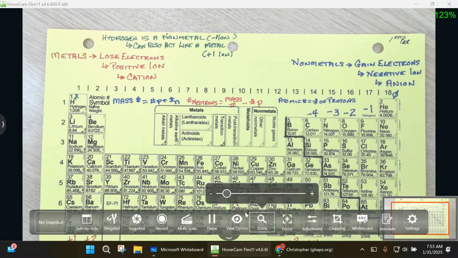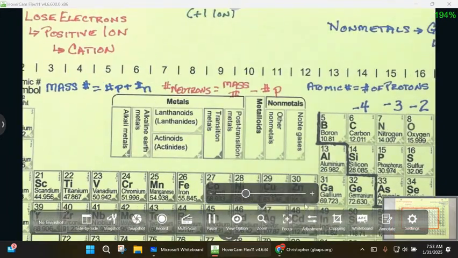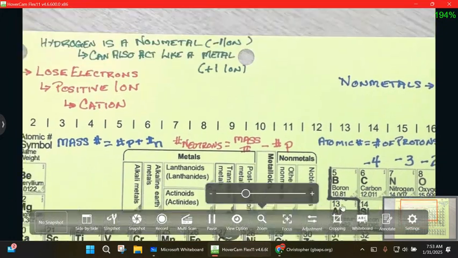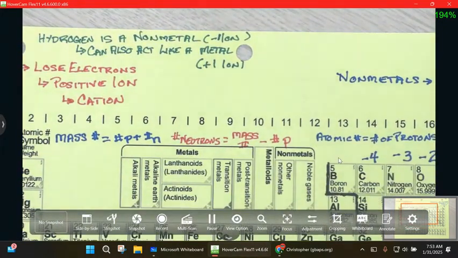So hydrogen is a very unique element on the periodic table, ladies and gentlemen. Hydrogen is technically a nonmetal. It will be a -1 ion, just like fluorine, chlorine, bromine, iodine, and astatine. But it also can act like a metal and be a +1, like lithium, sodium, potassium, rubidium, cesium, and francium.